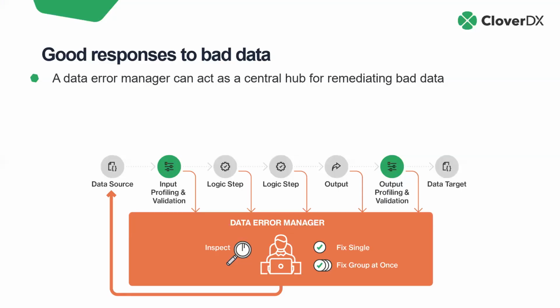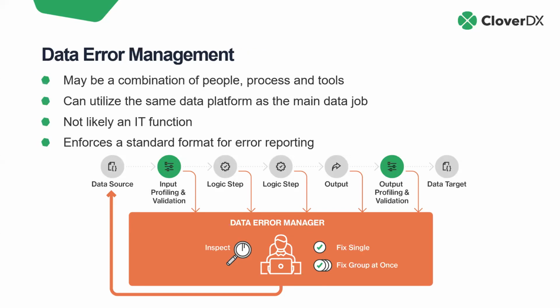We can consider a data error manager, which can act as a central hub, collecting rejected data from the main processing line and providing an effective way to correct and reprocess bad data or data quality related issues. So data error management can take a number of forms. It can be a combination of people, process and technology.